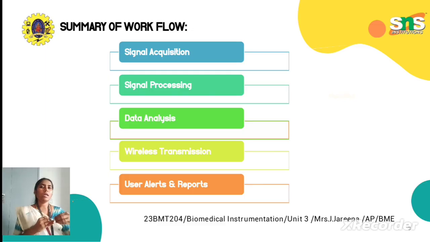Then we do signal processing, because whatever signal we capture from the sensor is raw data, and there is a greater chance of noise. That has to be removed, we have to strengthen the signal, and we have to make the signal suitable to be processed at the next level. That is, the signal has to be conditioned. So that is the block here, the signal processing or signal conditioning.